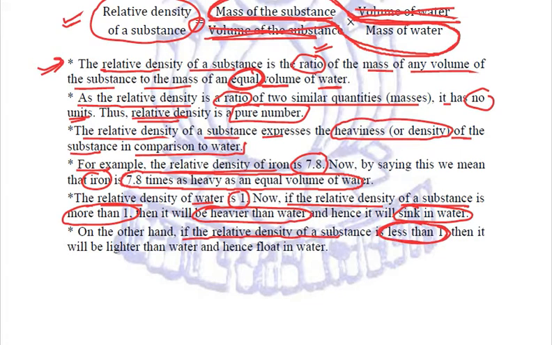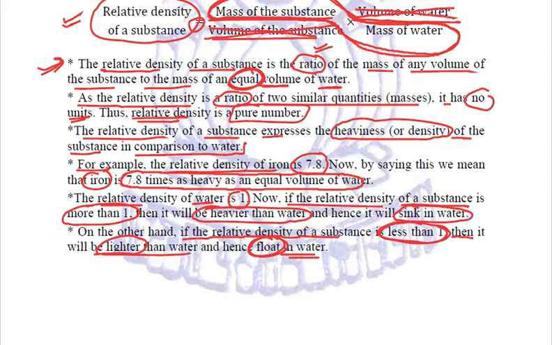It means that this substance or this object is lighter than water. And now when this substance is put in water, being lighter, having less relative density, having less density than water, it will float in water.